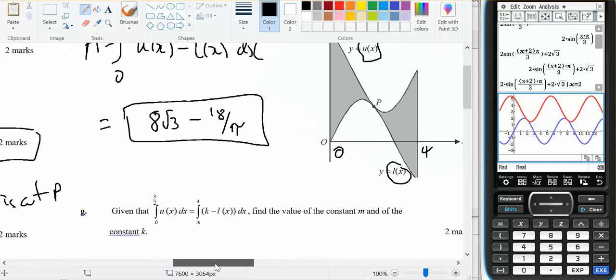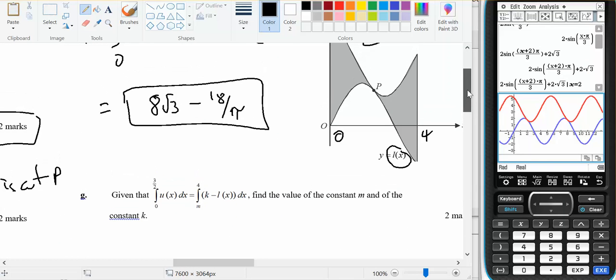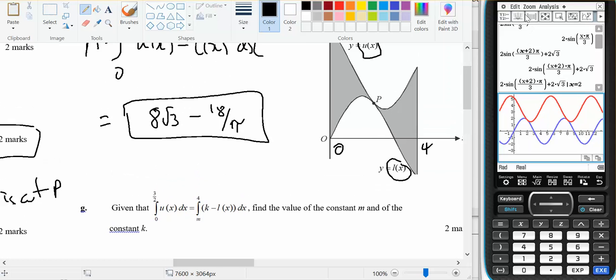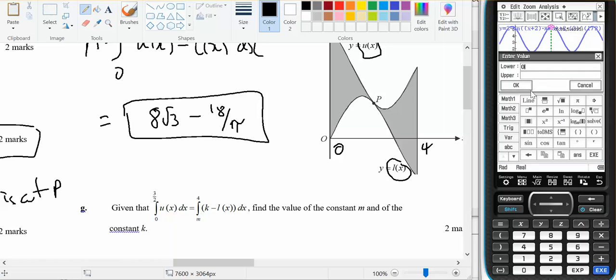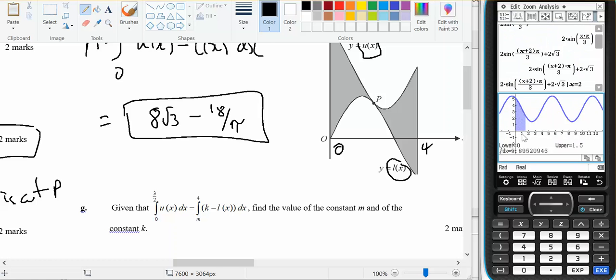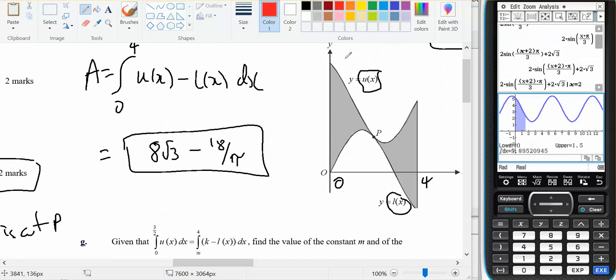And lucky last question. Given that that goes to 1.5, okay, so edit, clear all. 0 to 1.5, and I get that. So that is that area, and that's got to equal the integral from M to 4 of the other curve with a K on top.